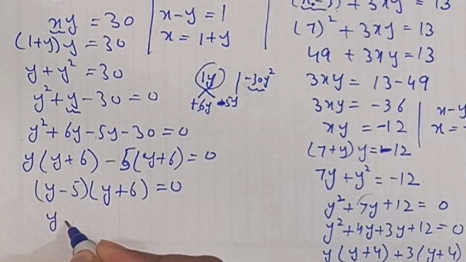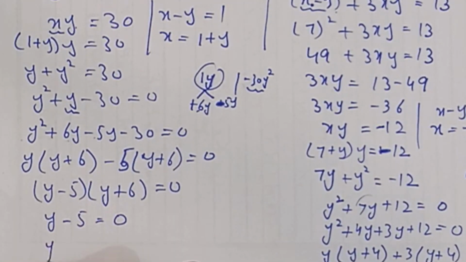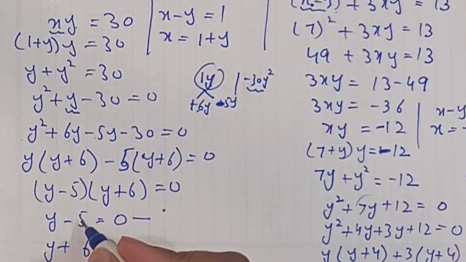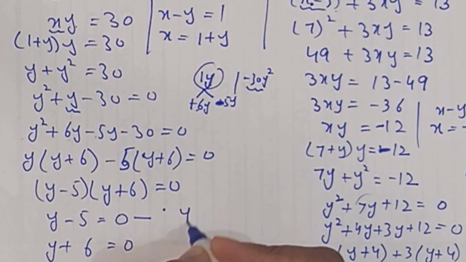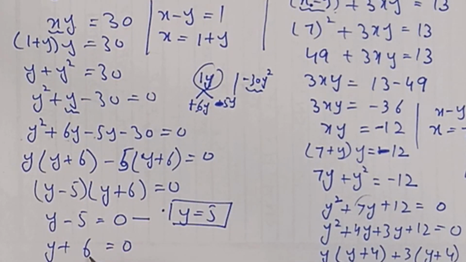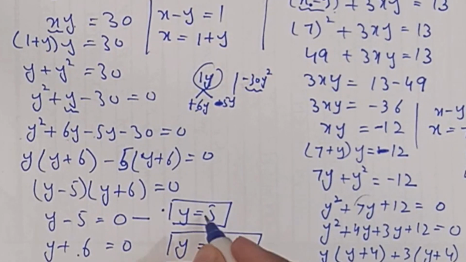So this implies y minus 5 is equal to 0. This implies y plus 6 is equal to 0. And if we solve this part, for this we add 5 on both sides. So this will become y is equal to 5. And for this, if we subtract 6 on both sides, this will become y is equal to minus 6. So these are the values of y.